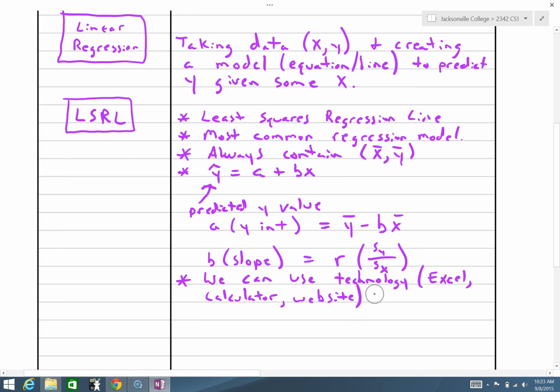We can use technology to find the least squared regression line. All right.